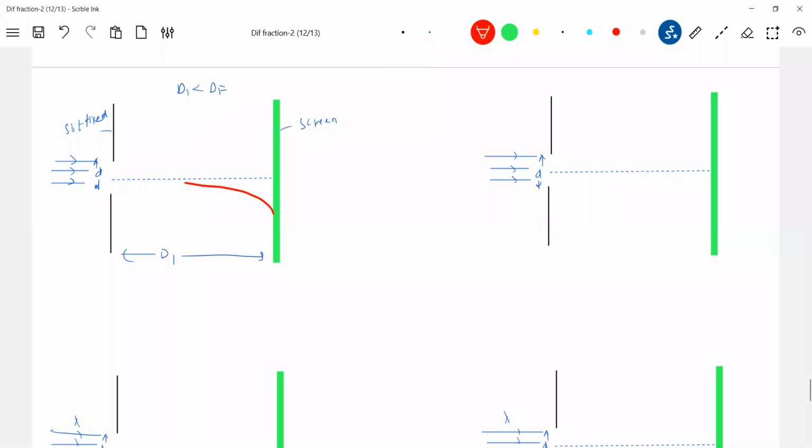So we'll get only the central maxima. Only, so ray optics is valid. Now the slit is fixed. Where the distance is greater than the Fresnel distance, I'm going to encounter something different.